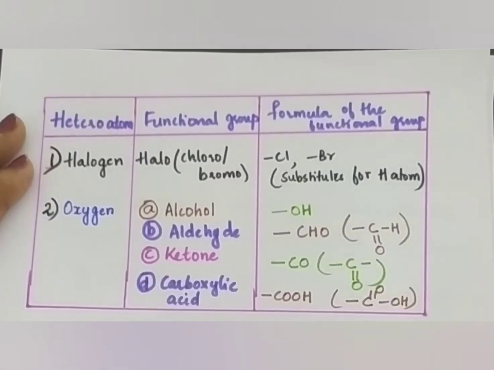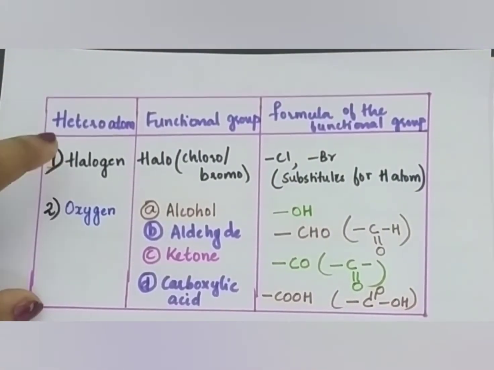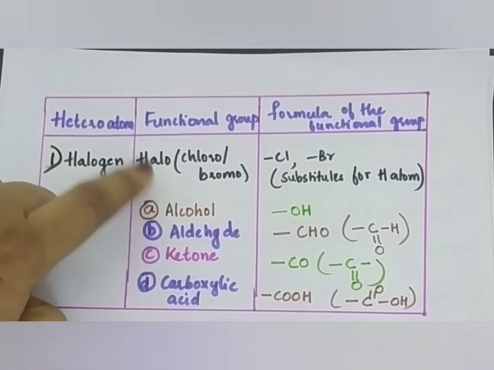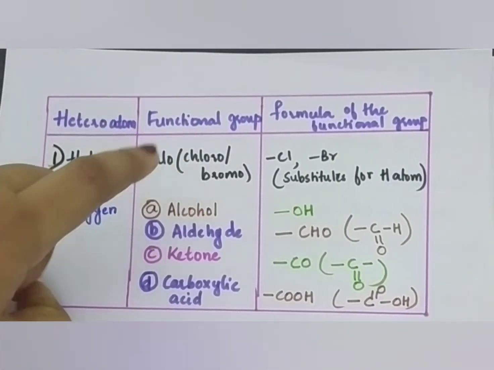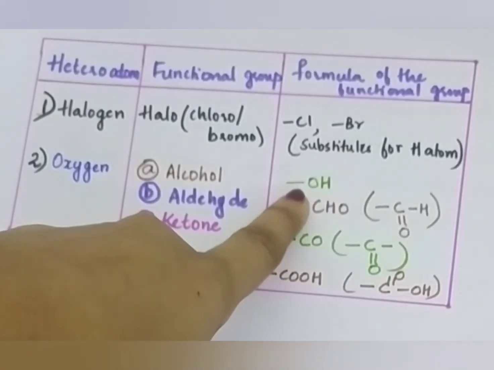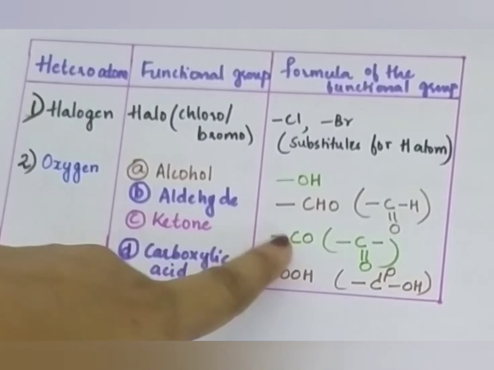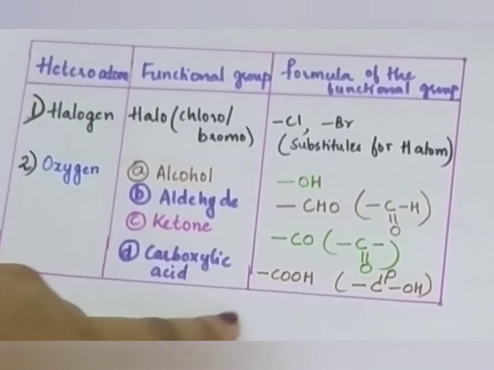So these are the functional groups you have to study in 10th standard. There is a heteroatom, here it's a halogen. So the functional group will be halo, that is chloro or bromo. The formula of the functional group is also given. If the heteroatom is oxygen, the first one is alcohol, that is the formula of the functional group is OH.